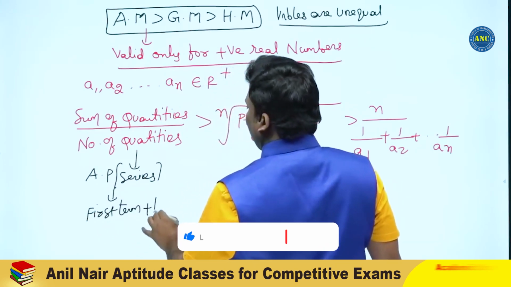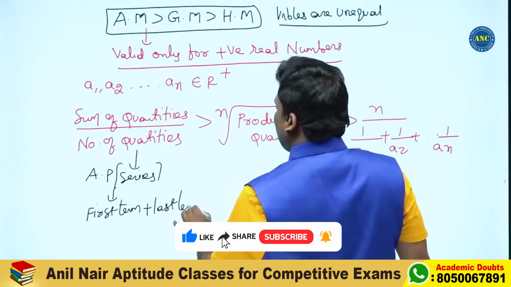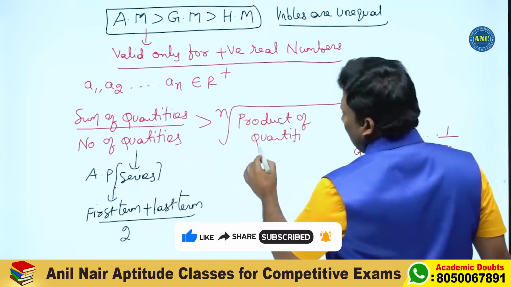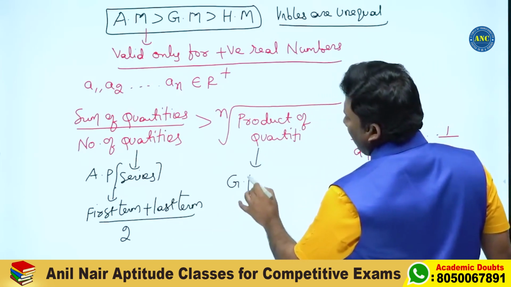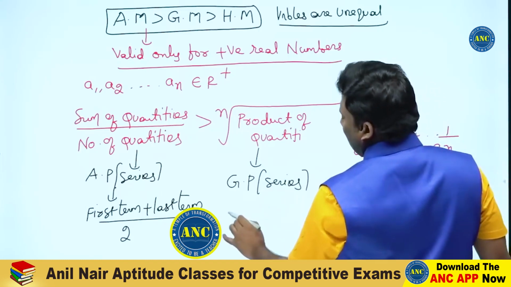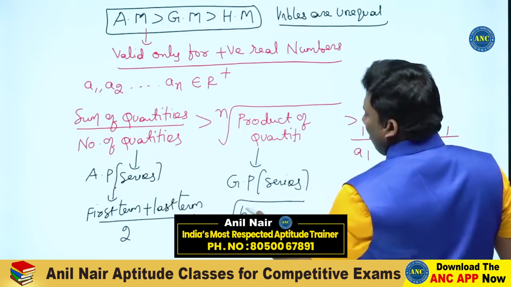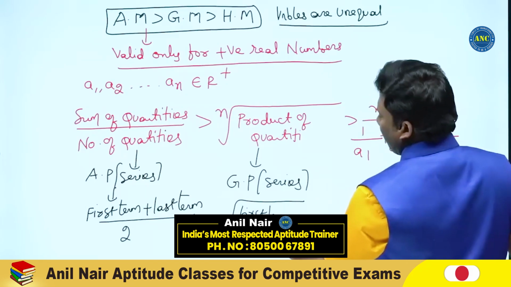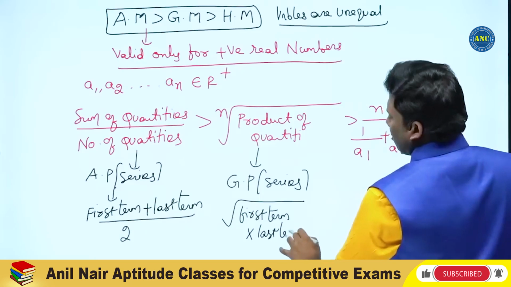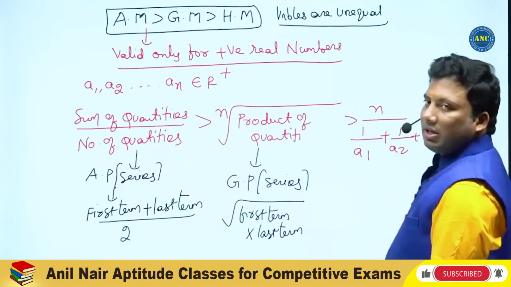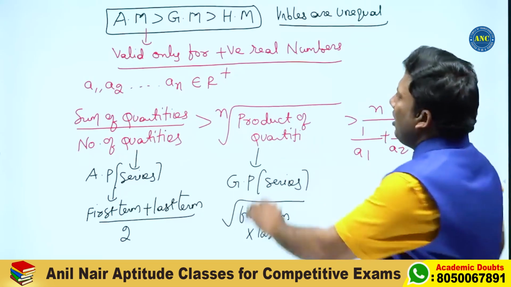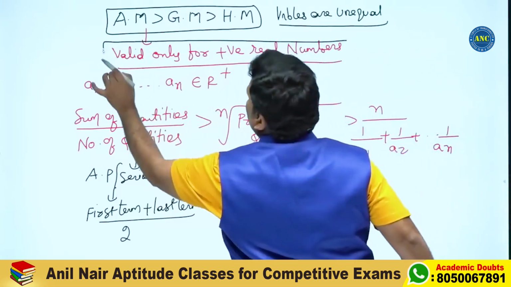If the series is in geometric progression, the geometric mean is given by square root of first term into last term. We will discuss in detail, just a glimpse I am giving you. Valid only for positive real numbers.